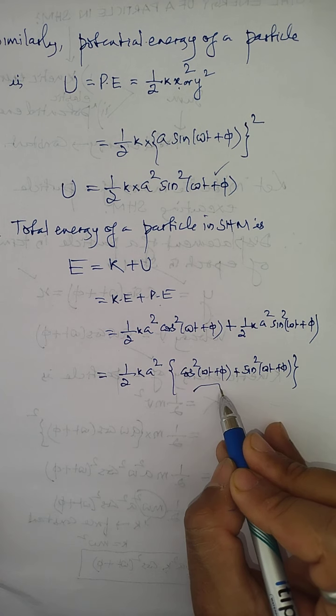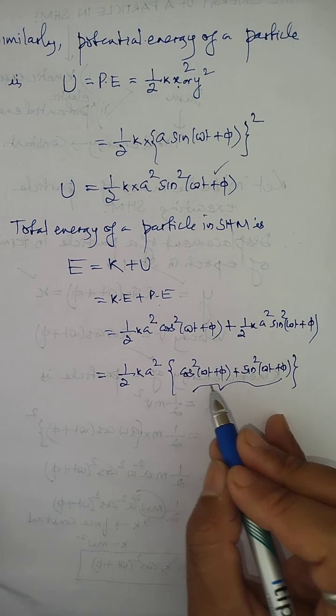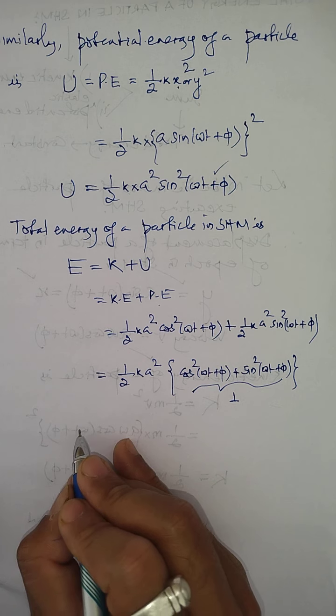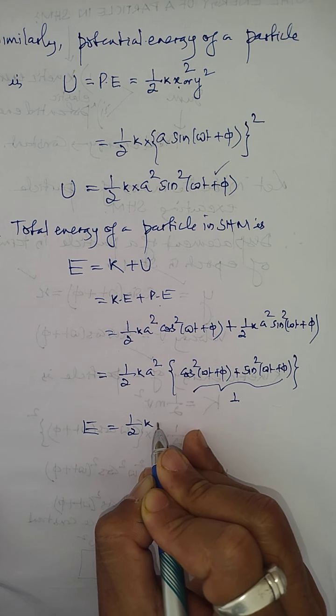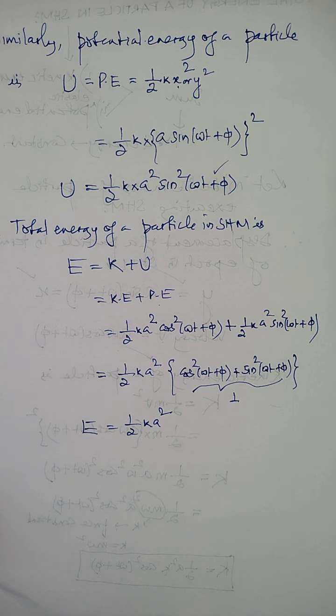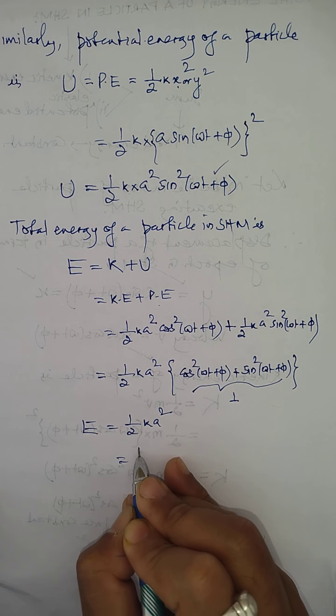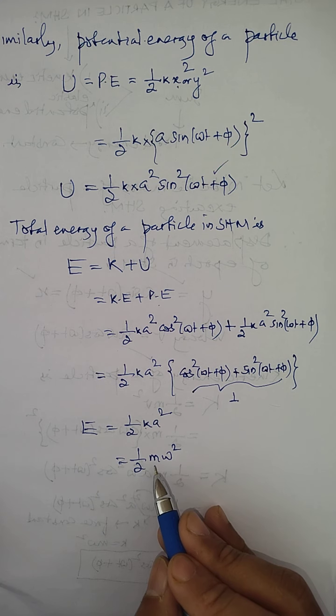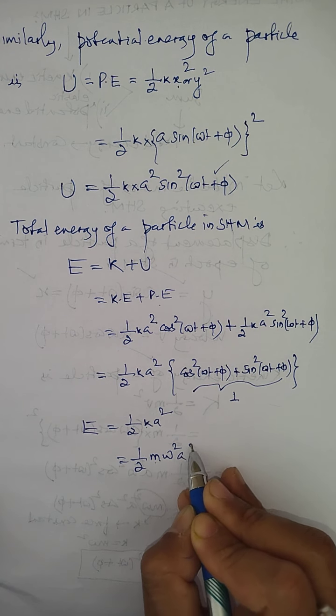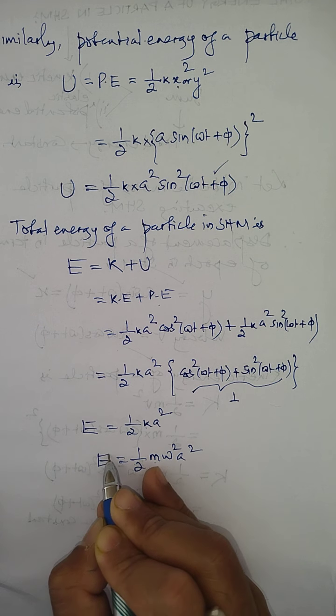And you know in trigonometry cos square theta plus sine square theta of any angle is always equal to 1, which means E equals half k A square. Now I replace this k by m omega square, because k means m omega square, and there is already A square.